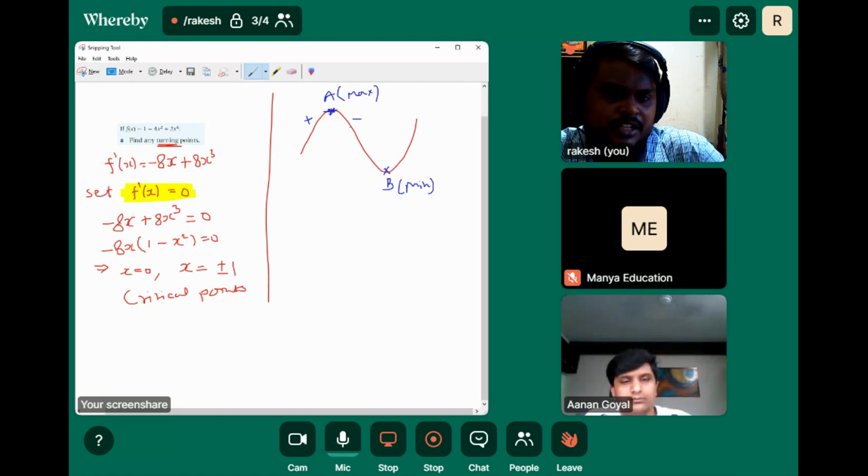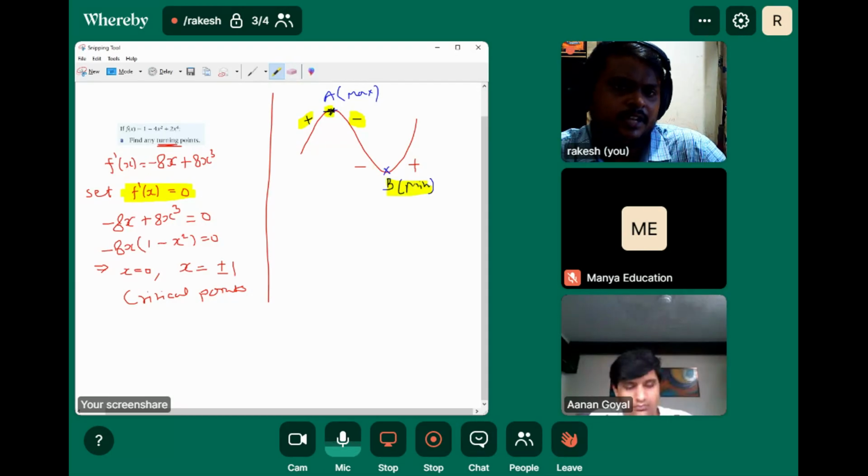Yes, sir. So when the curve changes its nature from positive gradient to negative gradient, the point is said to be maxima. Okay? And when the curve changes its nature from negative gradient to positive gradient, the point is said to be minima. Okay?